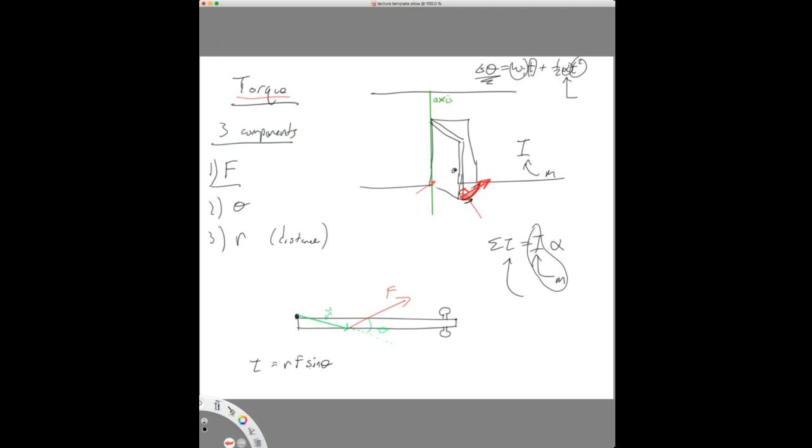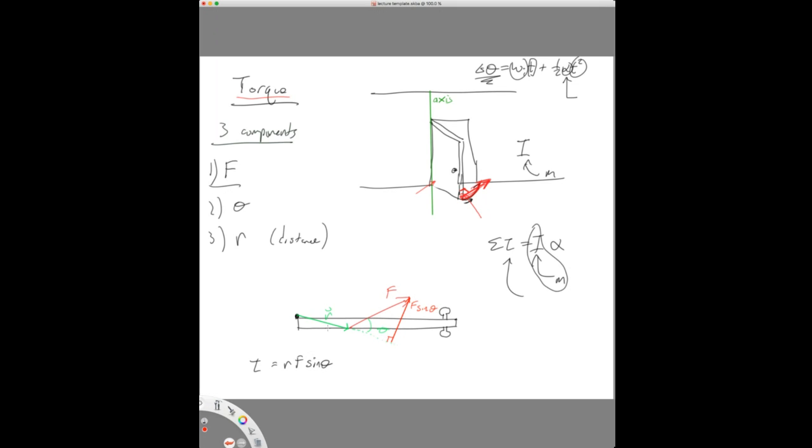So what is the sine of theta doing? It's basically giving us a component of F. This would be F times the sine of theta. It's giving us the component of F that's perpendicular to R. That's really the key feature.